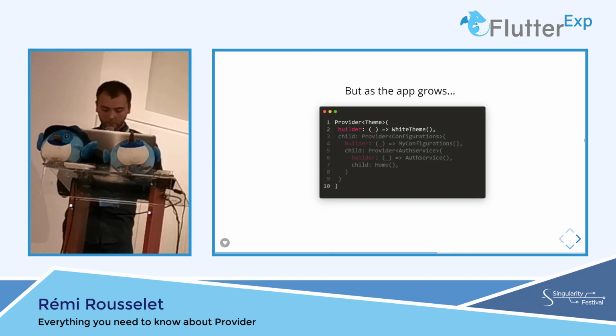Okay. And then, as the application grows, you will realize that you will have quite a bit of nesting. For example, you could have a provider for a team, and then you will want a provider for configurations, and then a provider for a notification service.